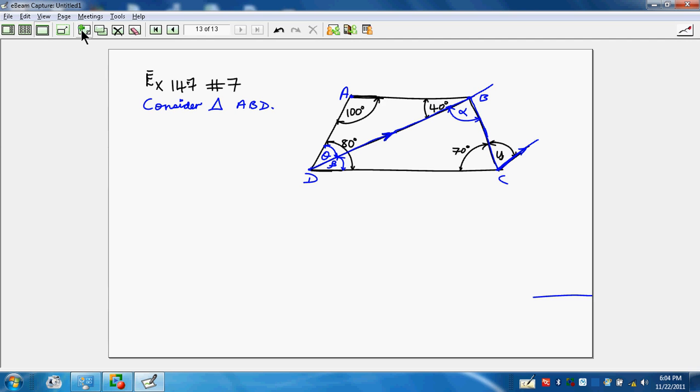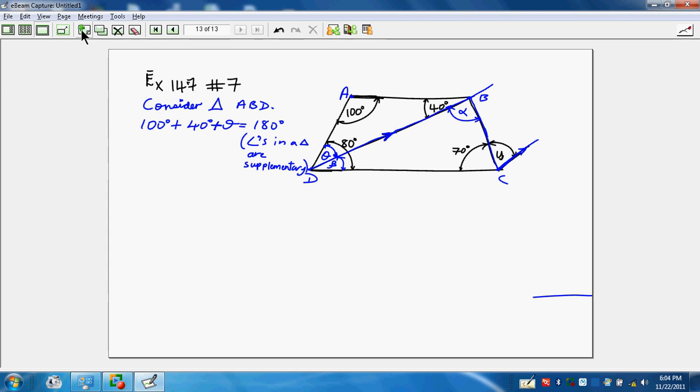If we add the three angles inside of there, which is the 100 degrees, the 40 degrees, and what we have labeled as theta, then we know that those three must sum up to 180 degrees, because the angles in a triangle add up to 180 degrees.